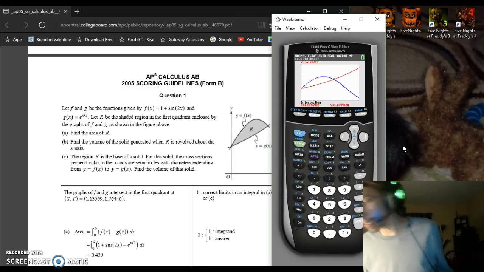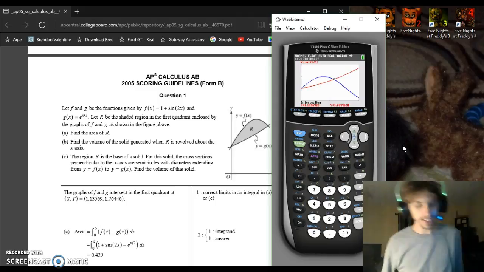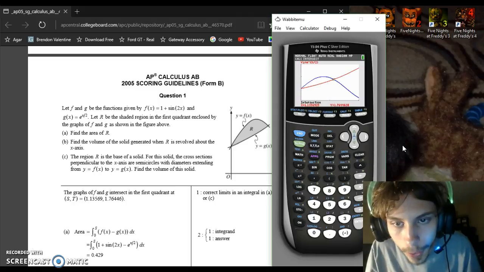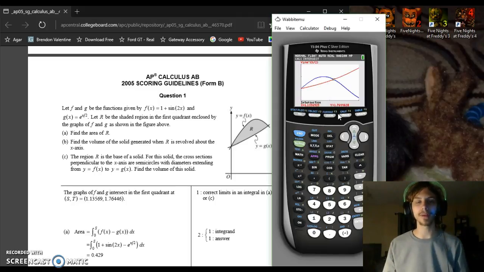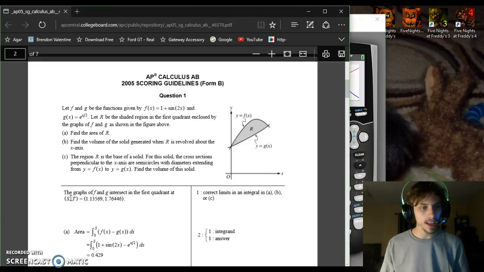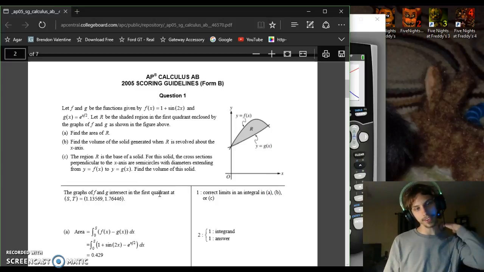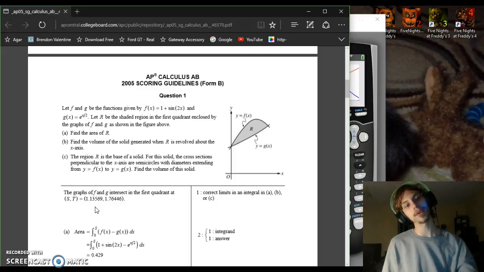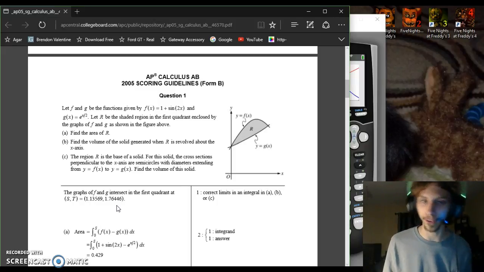Yes, it intersects at x equals, well, what the heck am I doing? The graphs of f and g intersect in the first quadrant at 1.13569, 1.76446.